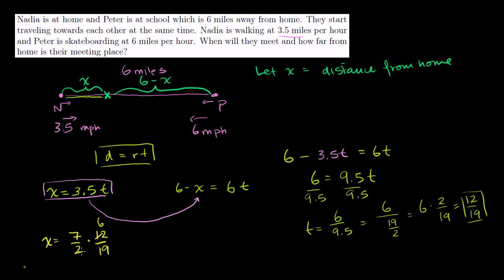So you divide the numerator and the denominator by 2, and we get 7 times 6, which is 42 over 19 miles. And that time is in hours. So in 12/19 of an hour, it's a weird fraction, they will meet exactly 42 over 19 miles from home. So it's a little over 2 miles from home.